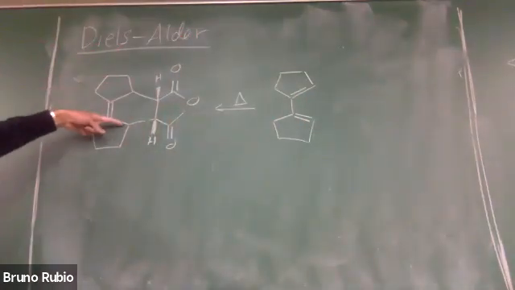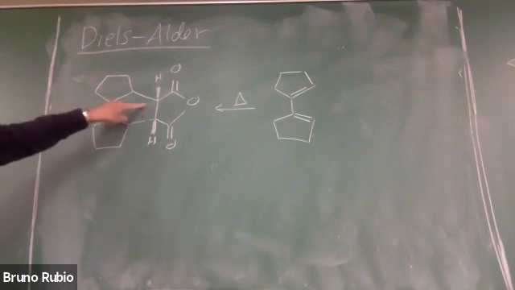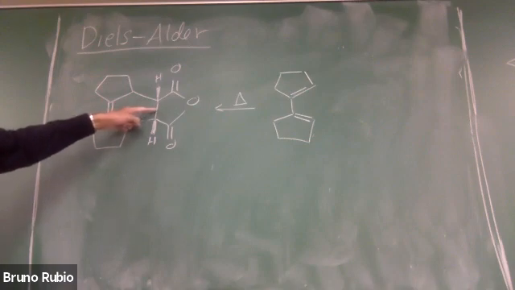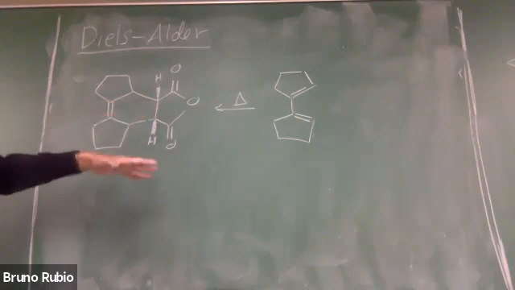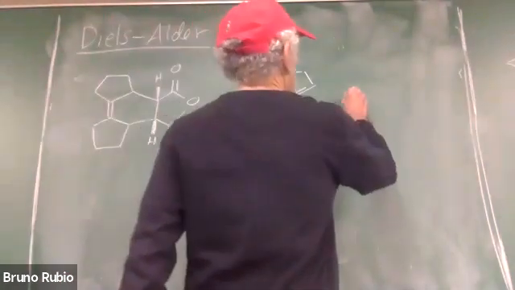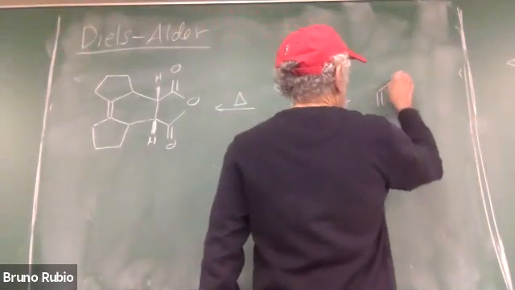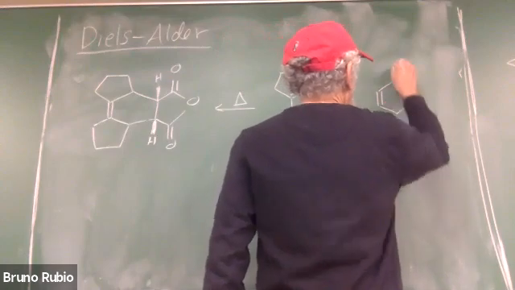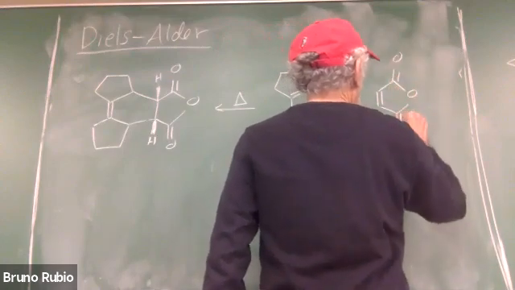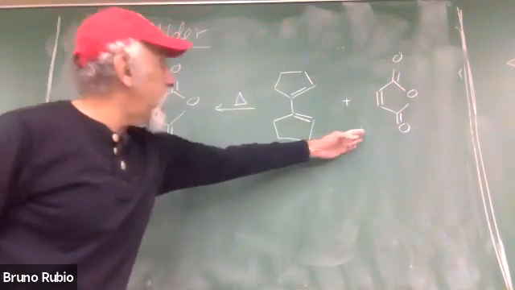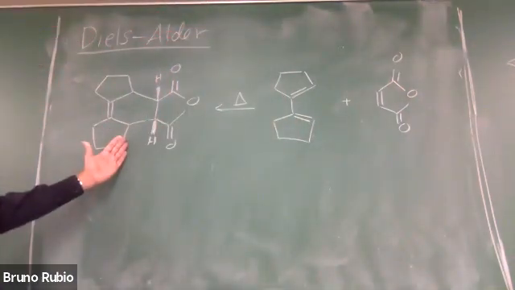That's this part. And on the 6-membered ring, diametrically opposed to the new double bond, this used to be the double bond of the dienophile. So that plus that makes this.